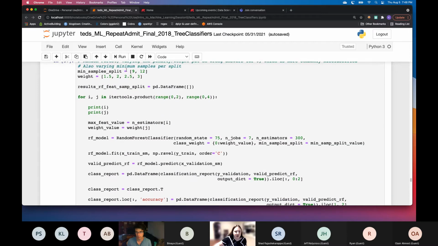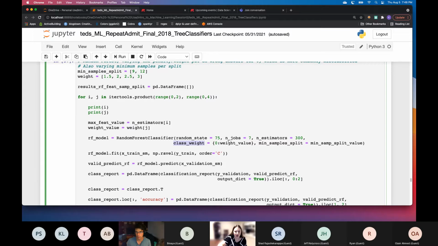So this one now, going through the minimum samples per split, and this would be a weight. This is another way to set it, the class weight. So we are basically giving more weight to those 1s versus 0s. This is different from what we talked about earlier.